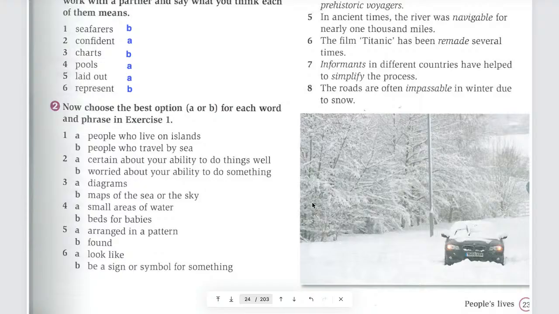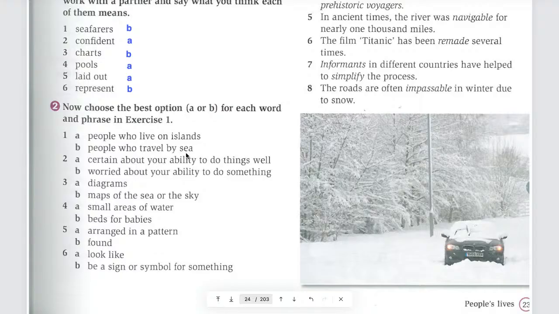Okay, guys. Now please take your time to read all of them. Like number 1, seafarers means B, people who travel by sea. I need you to read all of the explanations and all of the words, and check all of them with your friends. For example, your friend can ask, seafarers, what does that mean?